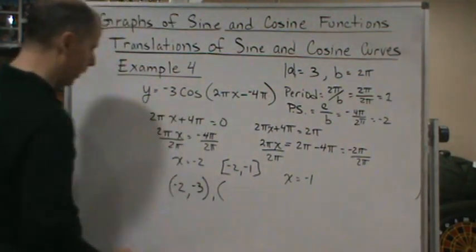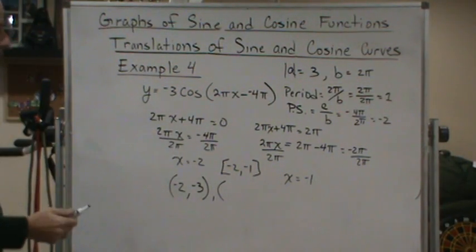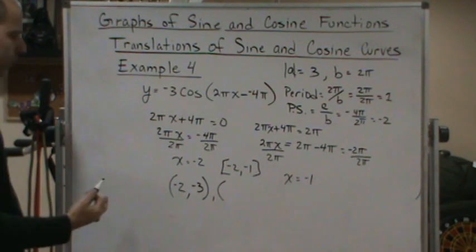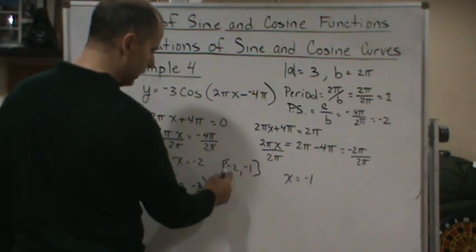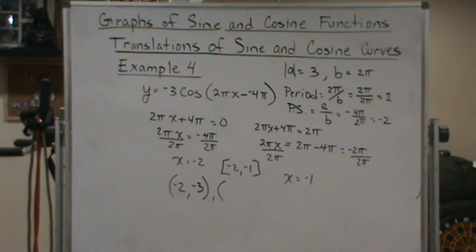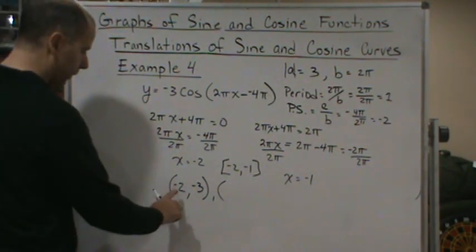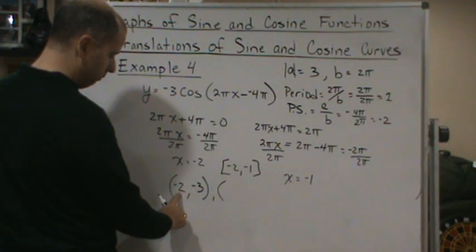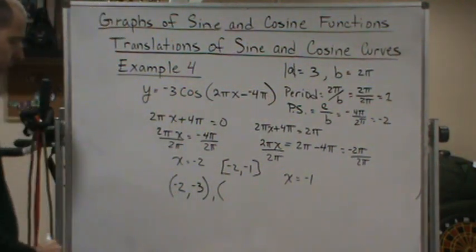And then the next point is going to be what? Well, how are we dividing this over? What's the difference between negative 2 to negative 1? It's 1. So we're going to be going by a fourth. Okay?